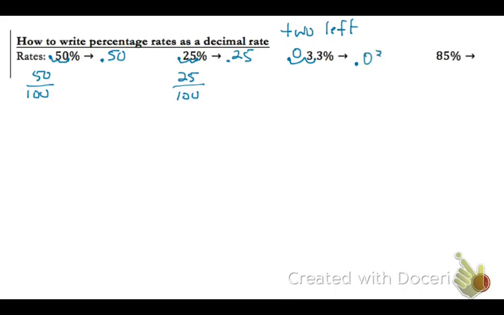So the decimal equivalent is 0.033. And for 85, we move it 2 places, so it'll be 0.85. So when you're working a real life situation problem and it gives you a percent, when you go to put that into your formula, you're going to first rewrite it as a decimal.